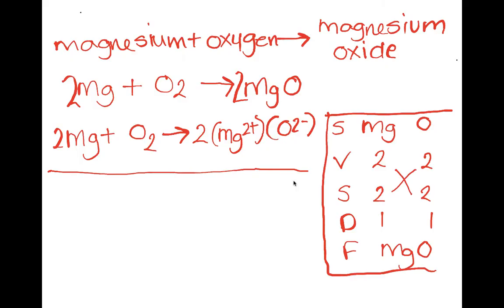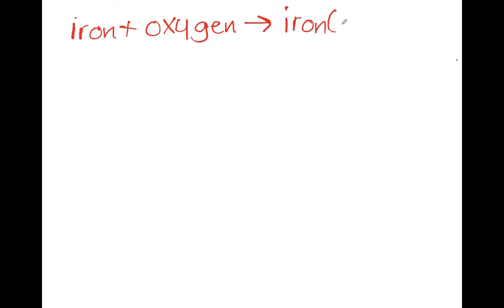Now, our next equation is iron 2 with oxygen. So, our word equation is iron plus oxygen gives iron 2 oxide.